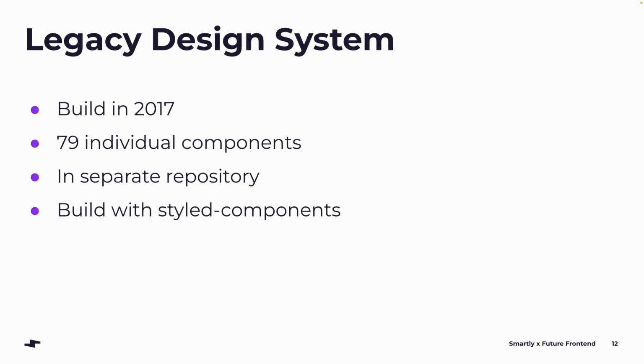So, the legacy design system. It was built in 2017. There were around 80 unique components in it, and everything was in a separate repository. So it wasn't in our front-end repository, but a separate project. And we also had quite a lot of micro frontends in their own repositories as well, and all of those used these components from this other repository.